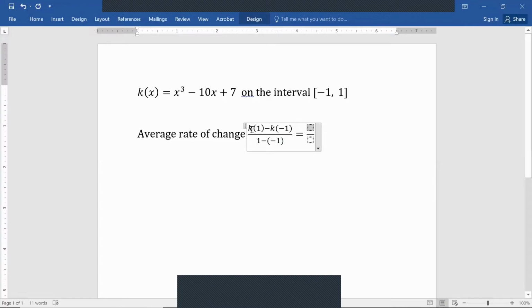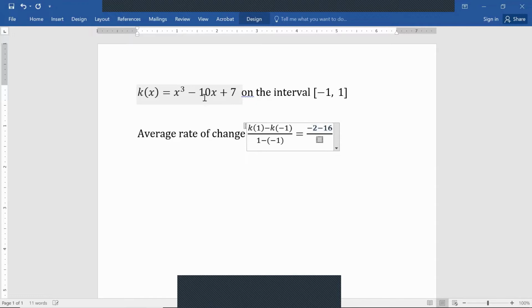If you plug +1 into your function k, 1 cubed minus 10 times 1 plus 7 becomes -2. If I plug -1 into my function k, I end up with -1 to the third power minus 10 times -1 plus 7, and that is 16.